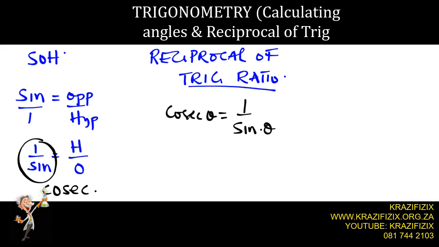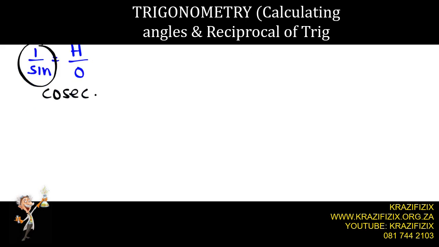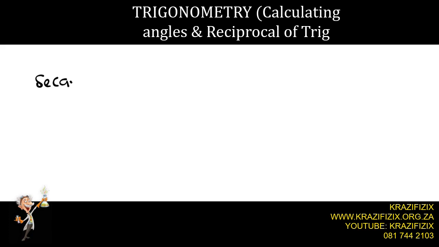The second one, secant, which we can simply call sec, is 1 over cos theta.